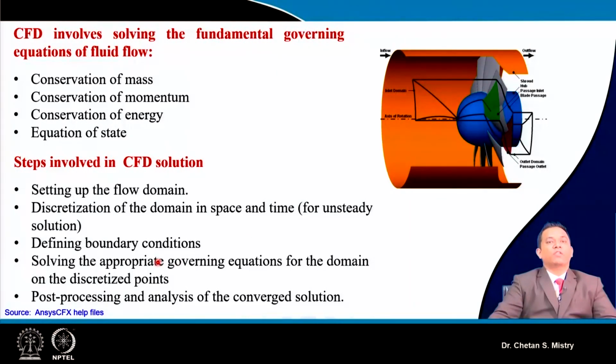After that, we solve the governing equations at the different discretized points, and based on that we achieve the solution for this particular domain. Then we need to analyze these results, which is called post processing and analysis of the converged solution. All of this we will be discussing in the next few lectures.